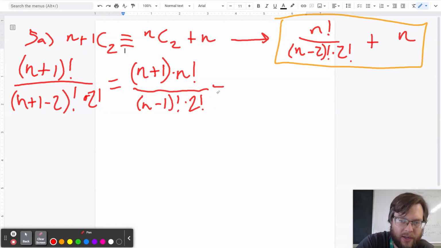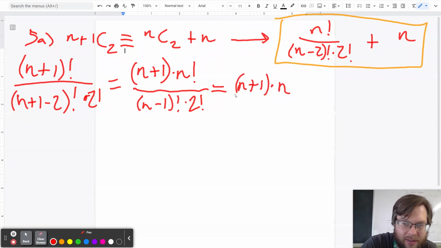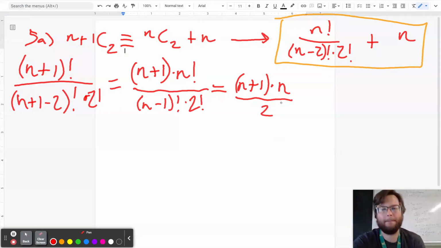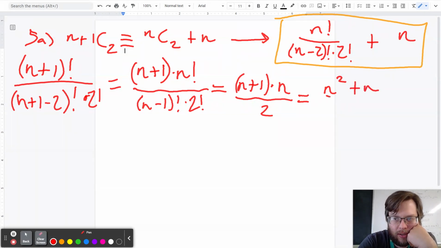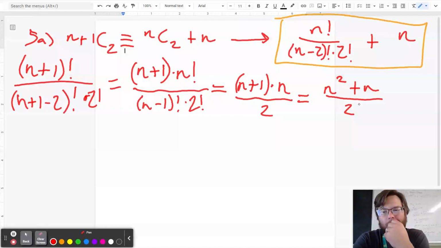I'm going to cancel out a lot of terms here. N factorial over n minus 1 factorial can cancel out to leave me with n plus 1 times n over 2. Okay, so then let's expand that out a little bit more. That's going to equal n squared plus n over 2.